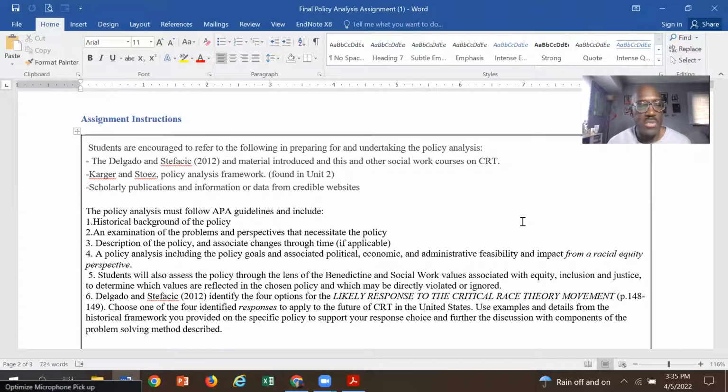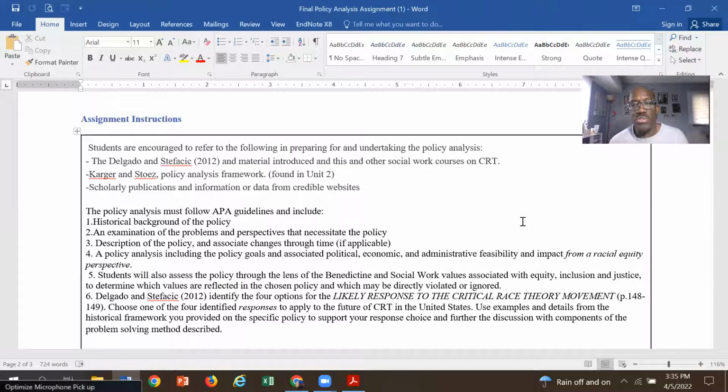And then question number 6 wants you to choose one of the options for likely response in terms of the critical race theory movement. In your books on pages 148 and 149, you will have examples of the 4 options.